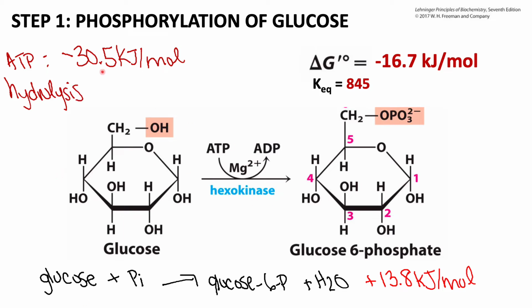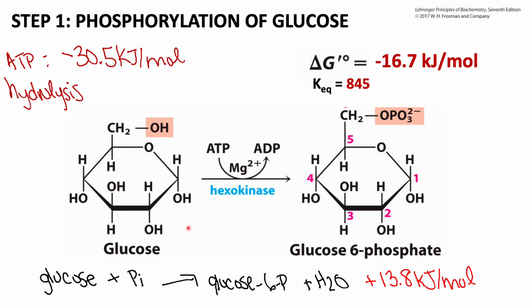So since the hydrolysis produces negative 30.5 kilojoules per mole of energy, that is more than enough energy to allow this process to occur. So essentially what's happening is that this breakdown occurs, we get that production of energy, that energy is inputted for this process to move forward, because this process requires an input of 13.8 kilojoules per mole of energy.